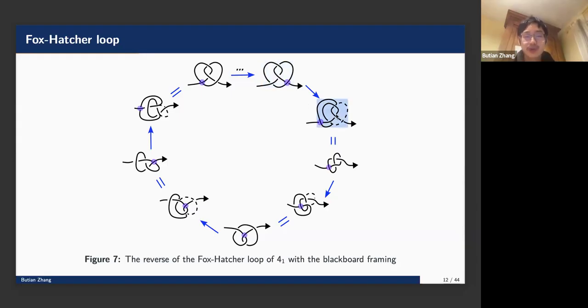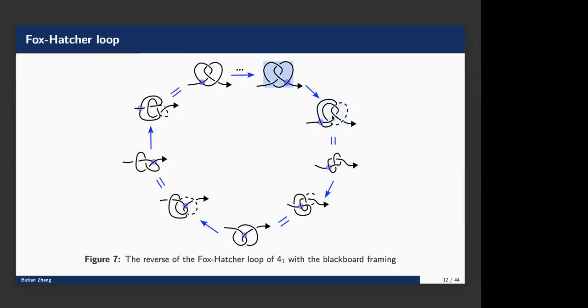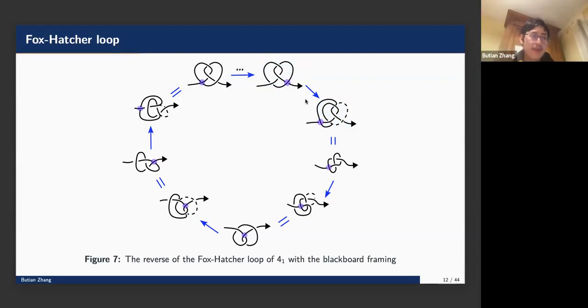He introduced this to study knot spinning, a way to construct embedded surfaces in 4-space. And then about 2000, I don't remember the exact year, Hatcher studied this operation in the context of the space of knots. So this is why this loop is called the Fox-Hatcher loop.